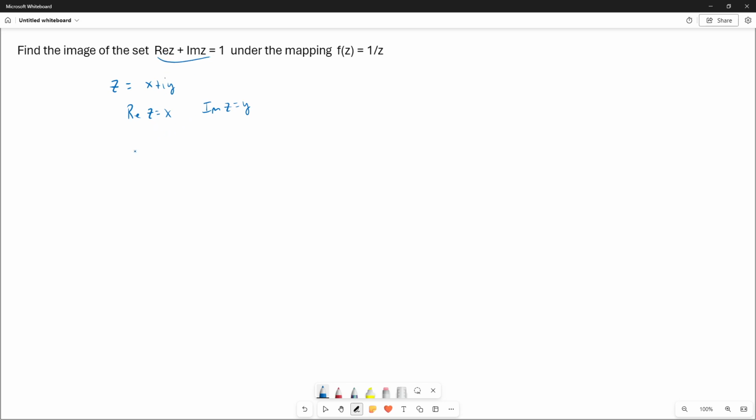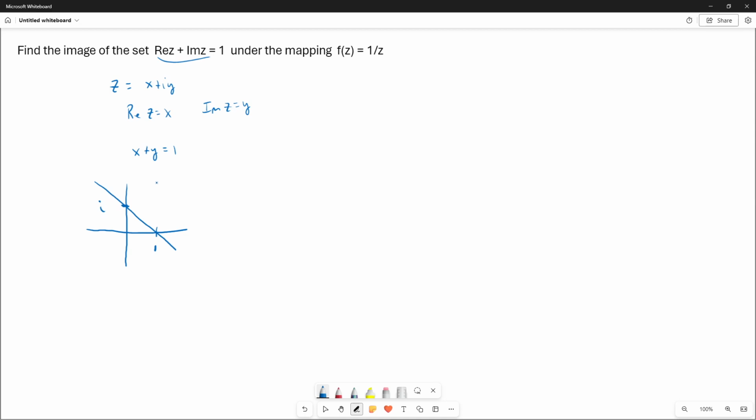So this equation corresponds to the equation x plus y is equal to 1, which is a line in the xy plane, or in the complex plane, through 1 here and i here.